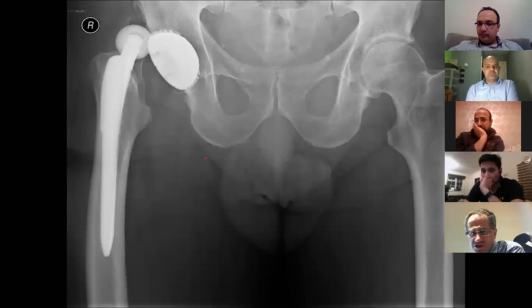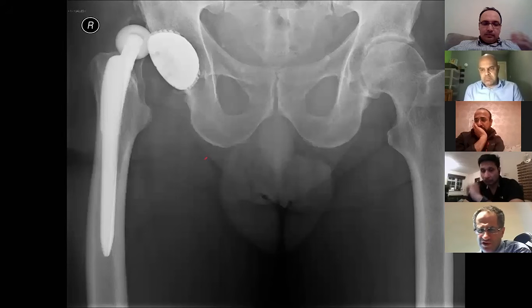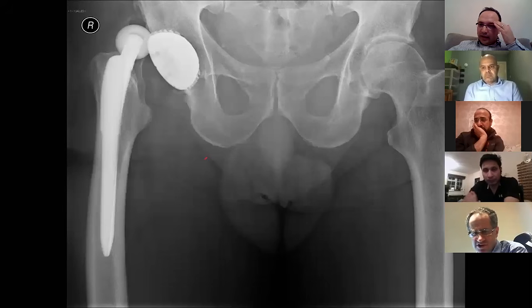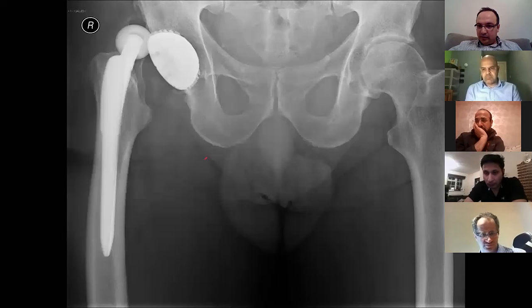So the next question is, what is the meaning of acetabular offset, the definition? I think you covered this already, but again, this is an advanced question. The acetabular offset is the perpendicular distance between the floor of the acetabulum and the center of rotation of the hip joint.